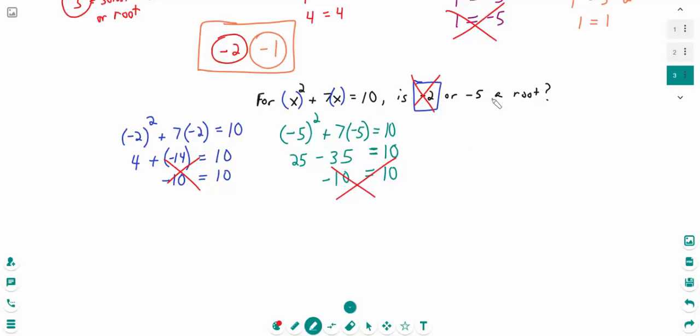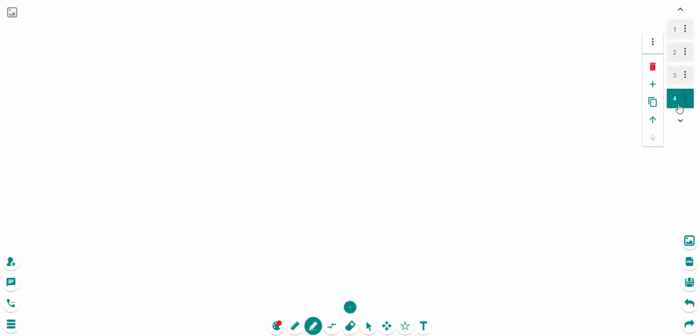So this is not a root as well. All right, so hopefully you can see that neither one of these gave a true equation. So in this case, neither one of the options is going to be a root or a solution to the equation. All right, so let's just try one more problem, and then we will call it good for the day.